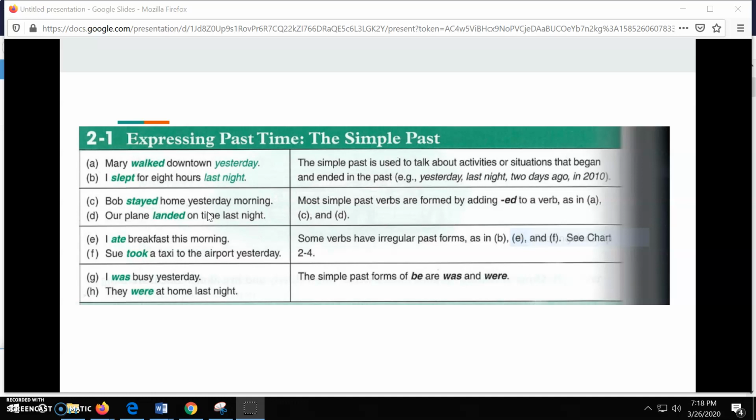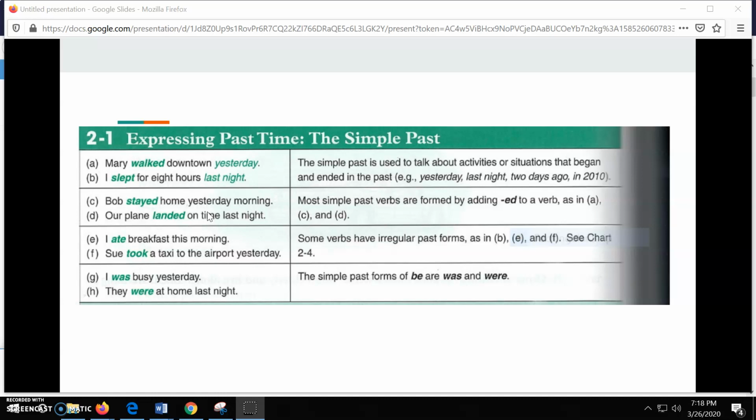Okay, if there is an irregular verb, then the past forms need to be memorized. Examples E and F have irregular verbs, so the past forms look different. I ate breakfast this morning.